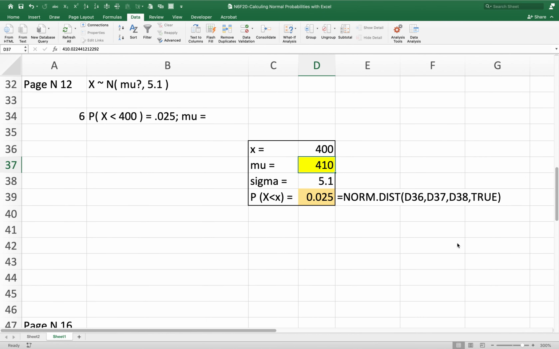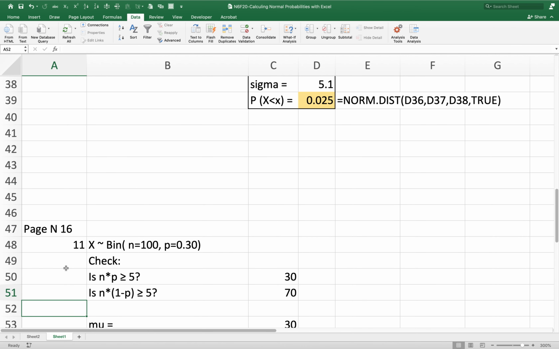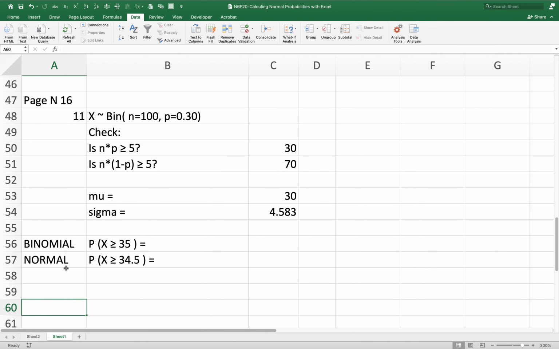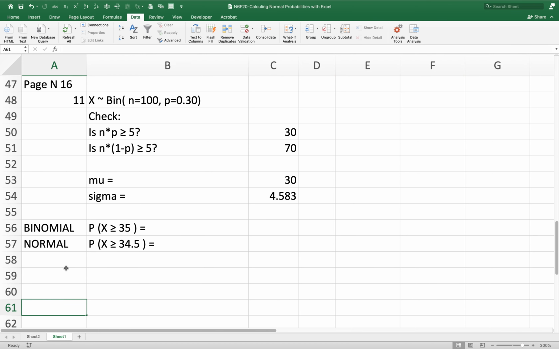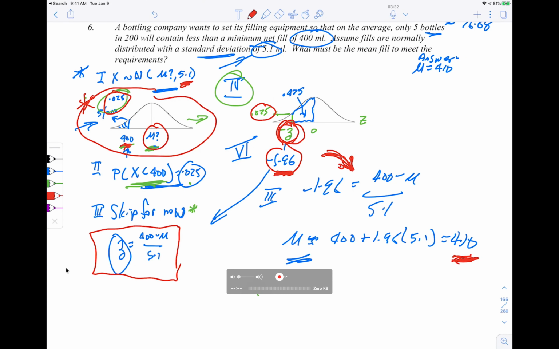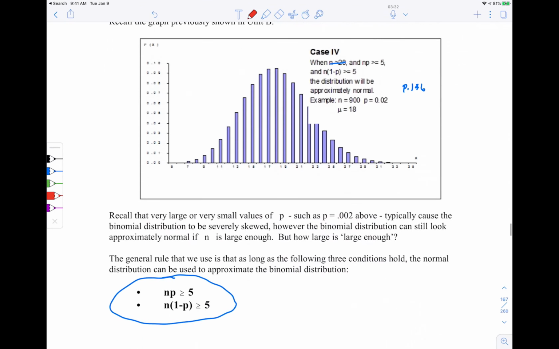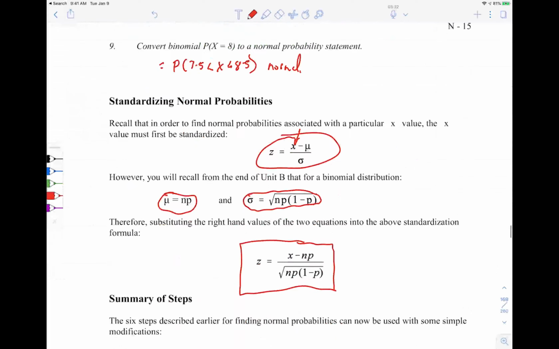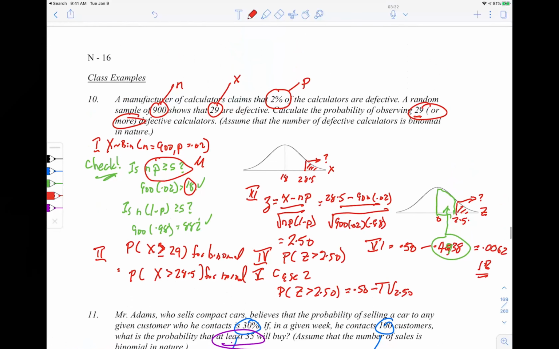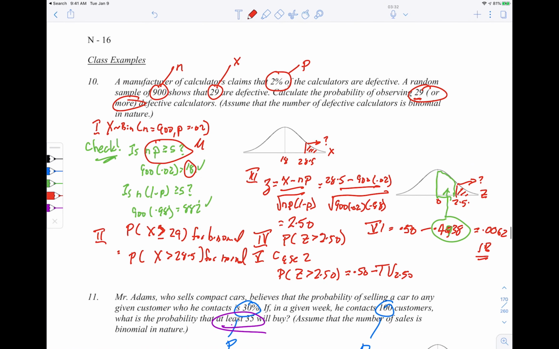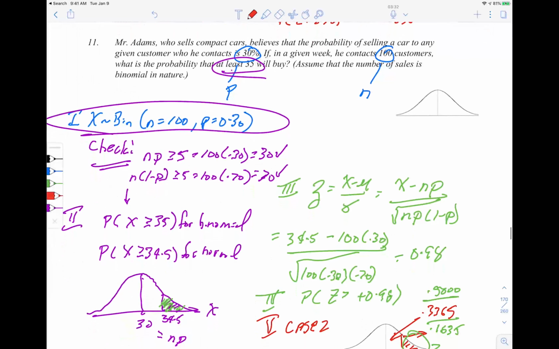All right, there's one more thing that I want to show you here, and that is doing a normal approximation for the binomial. So I'm going to take a look actually at the problem on page N16, number 11. Let's go over there and take a look at that. So we're taking a look at normal approximation of the binomial probabilities, and specifically page N16, number 11, right here.